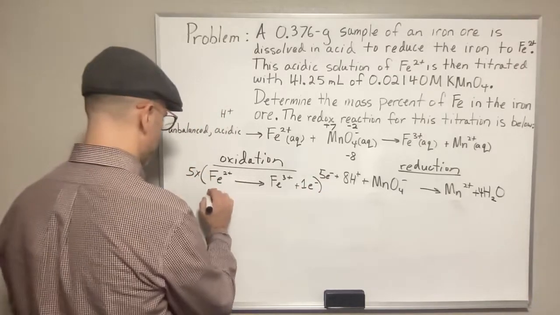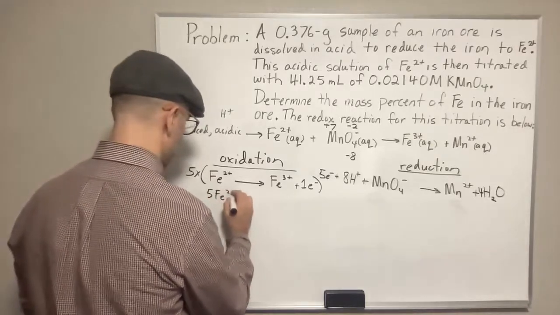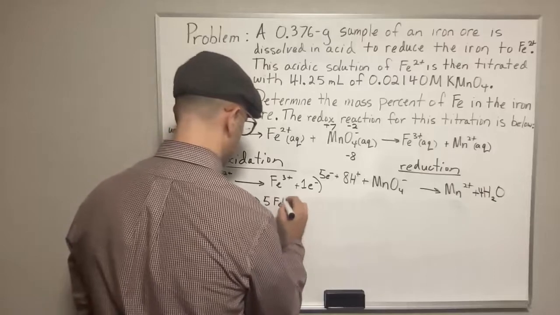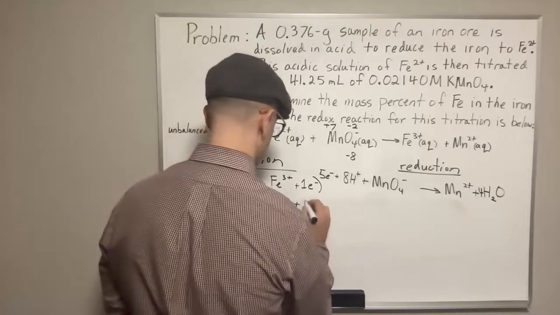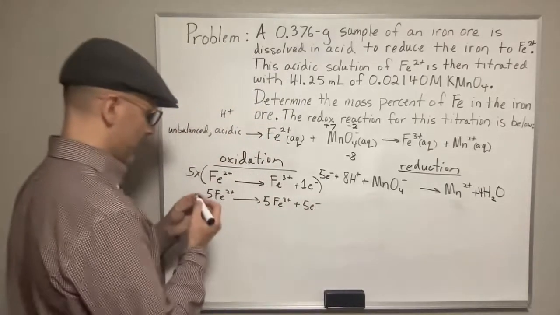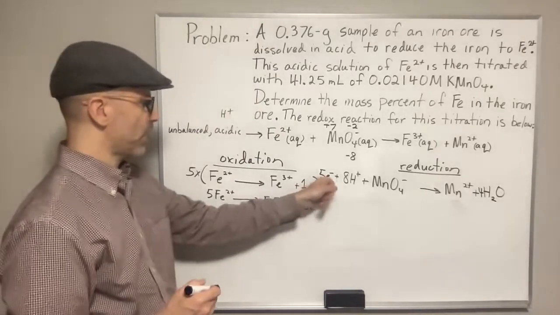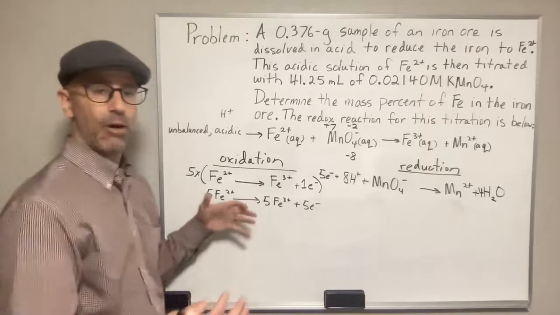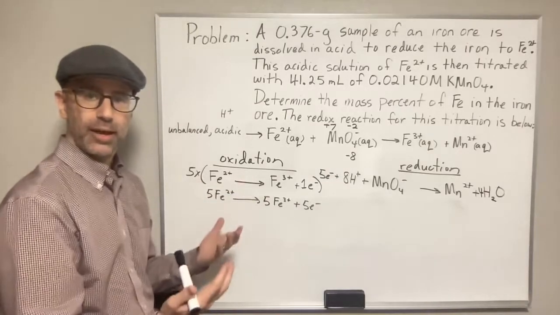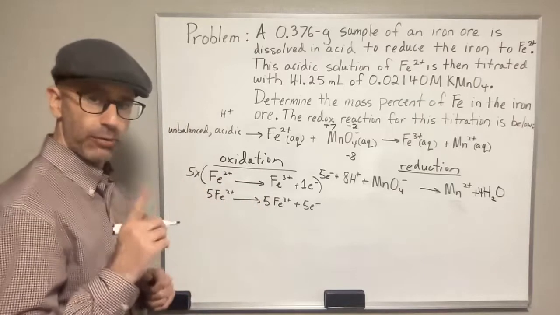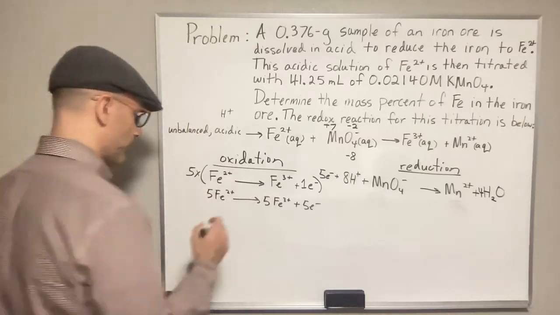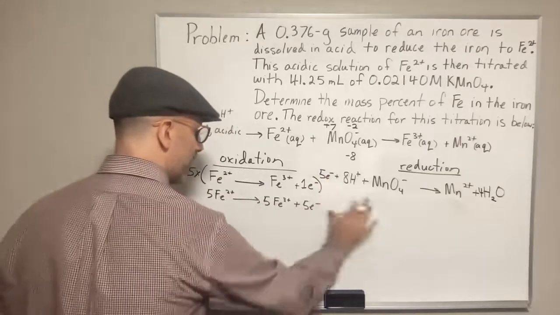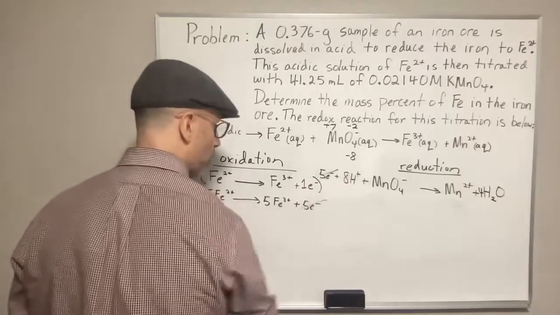That means I'm going to have 5 Fe2+ going to 5 Fe3+ plus 5 electrons. Now I have the same number of electrons for both my oxidation and reduction half reactions. Now I'm just going to add them together and I'm done. Well, not quite. We need to make sure everything cancels out appropriately. Here, the 5 electrons and the 5 electrons are going to cancel out, so we don't need to worry about those.